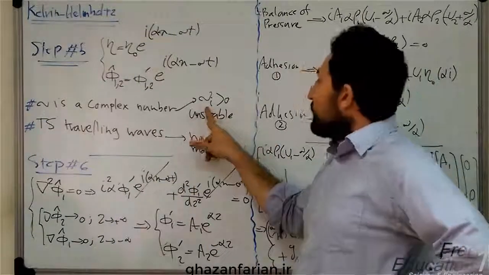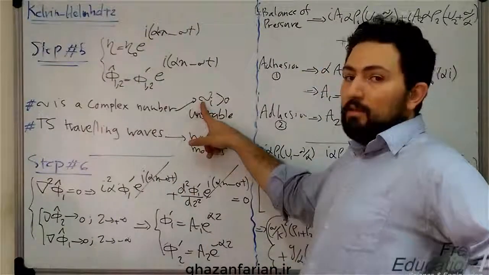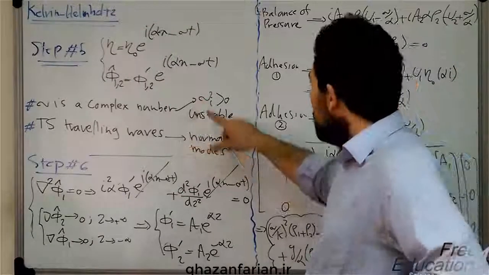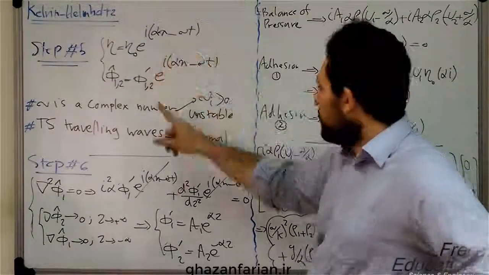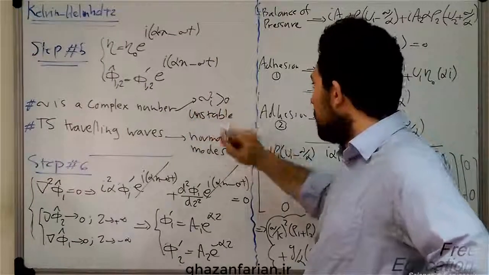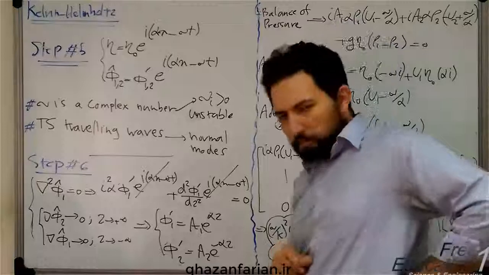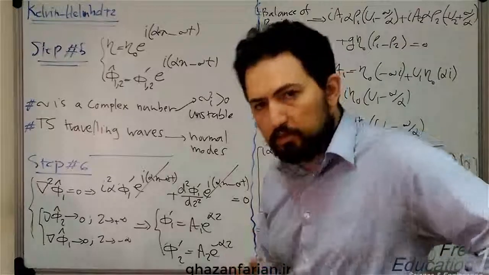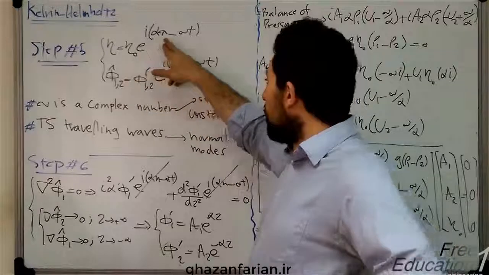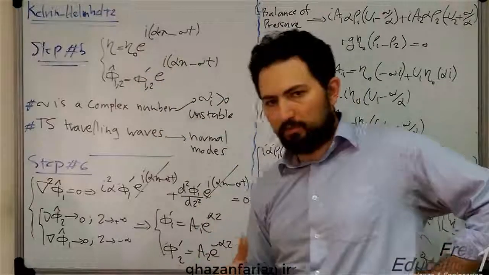So the imaginary part of sigma is important or plays the key role in instability analysis because of the minus sign here. If the imaginary part of sigma is a positive number, the disturbance will grow because the power of the exponential function is a positive number.